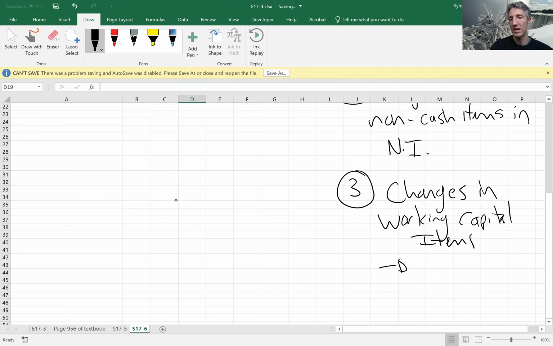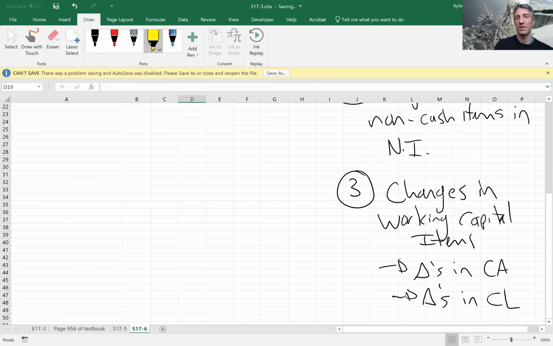That means we need to take into effect the changes in current assets and the changes in current liabilities. Now I have a delta here. Delta means change. So the change in current assets and the change in current liabilities. And that's really the third step. This can be thought of as 4 steps in total, with really between what is 3A and 3B.